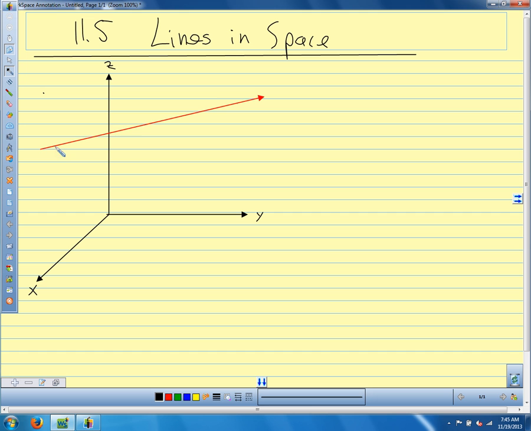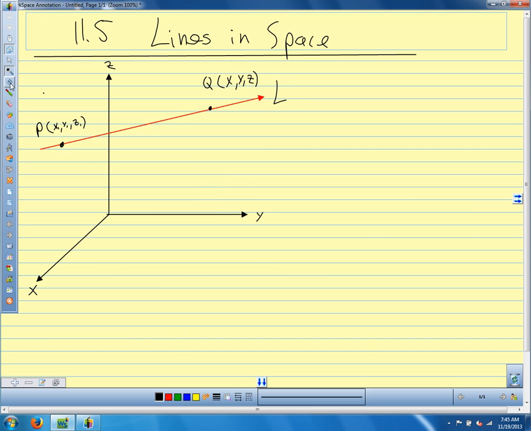And we're going to say that point P, which is located at x1, y1, z1, and point Q are both on this line. And we'll call point Q x, y, and z. Those are our coordinates, some arbitrary point. This is our line L.